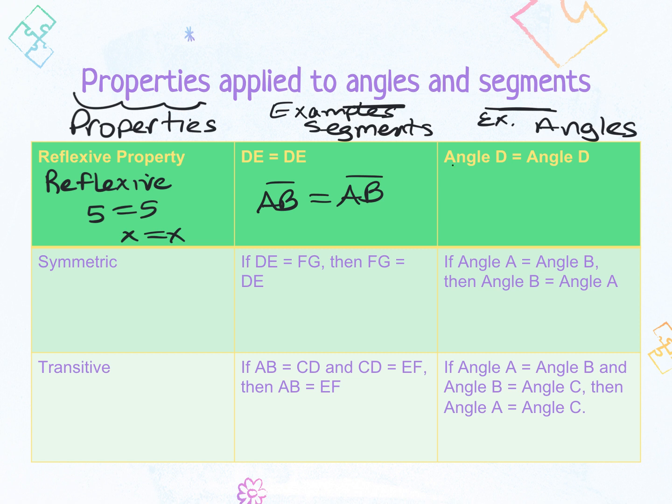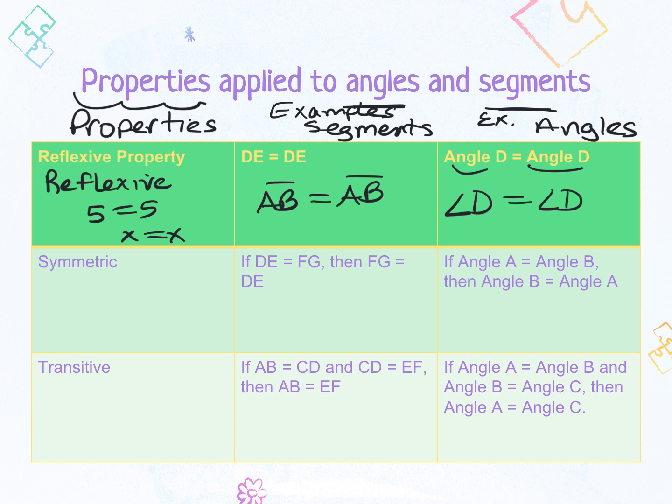And then here, angle D equals angle D. You don't have to necessarily write out the word angle. You could use the little symbol. And that may start paying off when you start using these symbols, because some of the proofs are going to get kind of wordy. So if you can use some of these symbols, it will definitely simplify things.